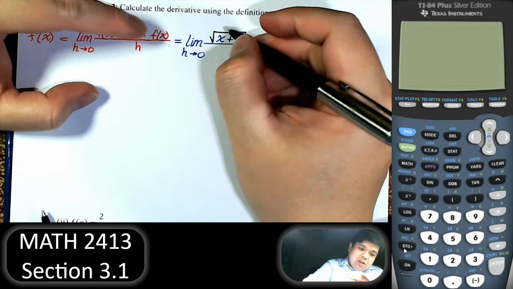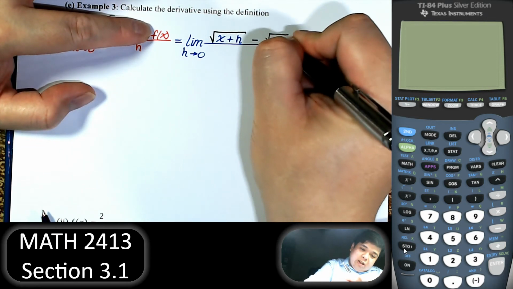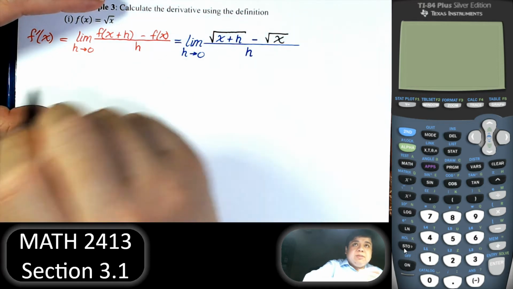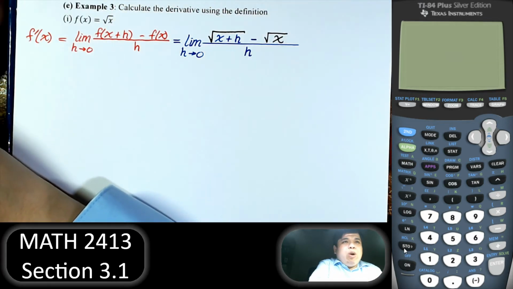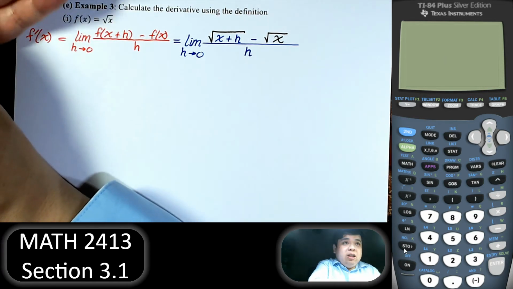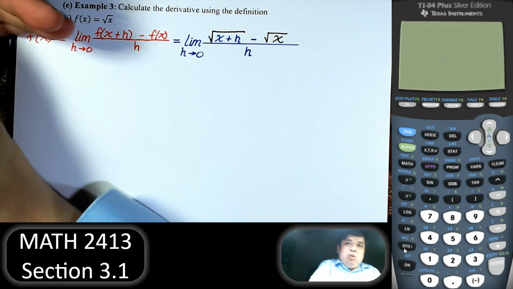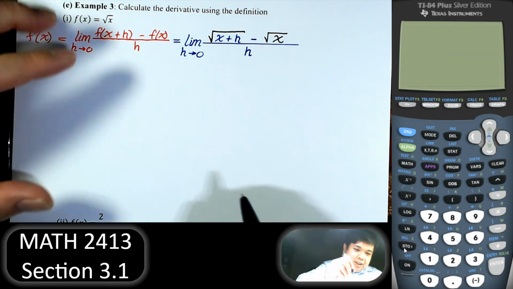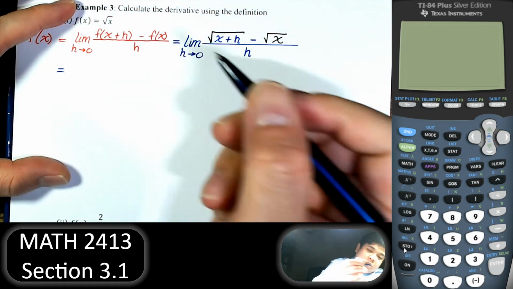The function f of x is just the square root of x. All of that over h. Of course, when we're trying to find the limit, put in 0 and see what happens. And if it is indeterminate, then we do some other things. But remember, when we have a square root like this, the way we do that is multiply by the conjugate. So I will multiply by the conjugate.